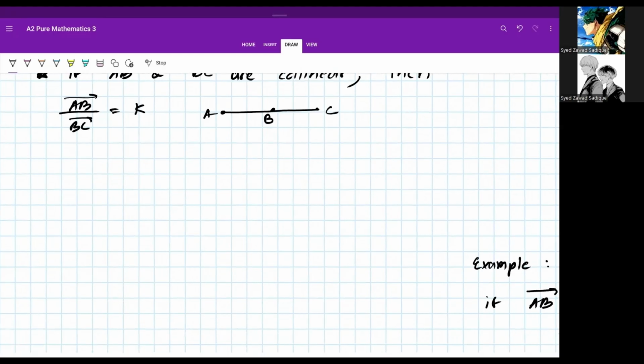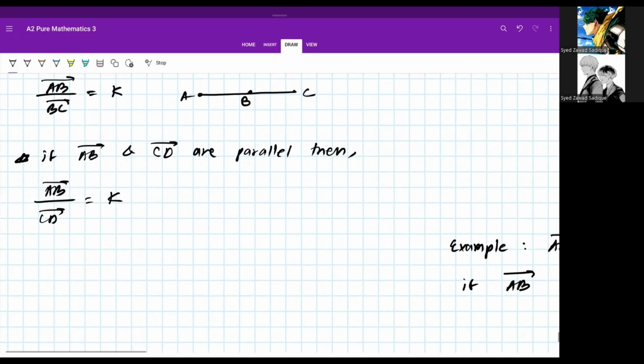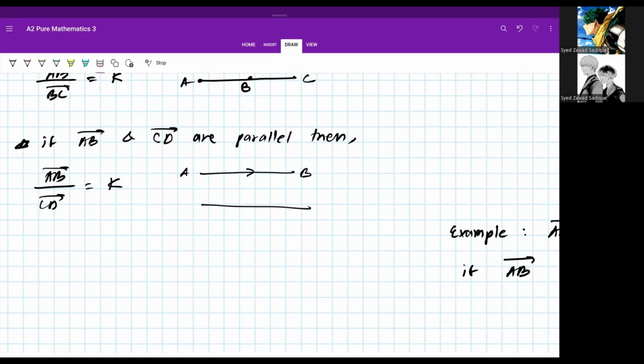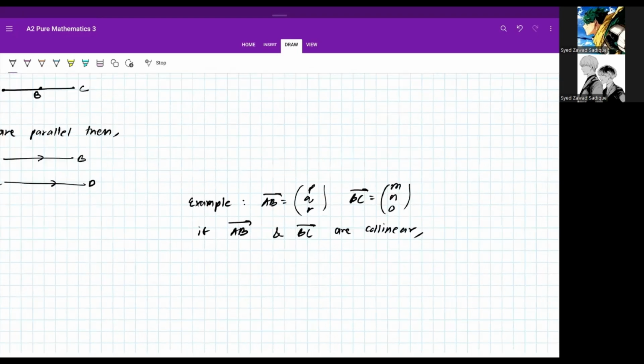Also, if AB and CD are parallel, then AB by CD is equal to K. Now we'll copy back the example math.